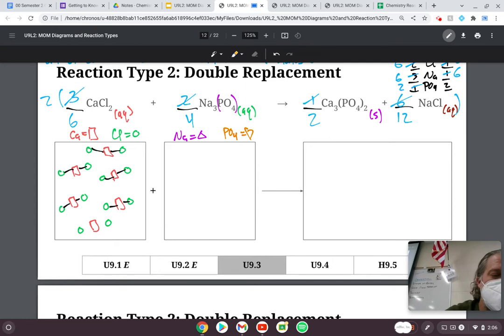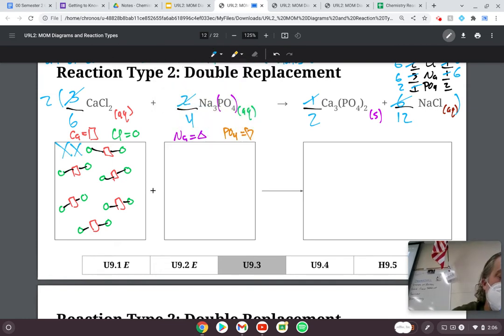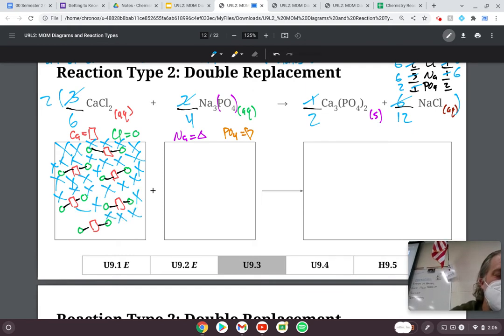So 1 calcium and 2 chlorines, and note that I'm also not allowing the chlorines to be bonded to each other. They're all bonded to the calcium. And because this is aqueous, I'm going to add some water around the whole thing to show that that particular compound has dissolved and is surrounded by water.